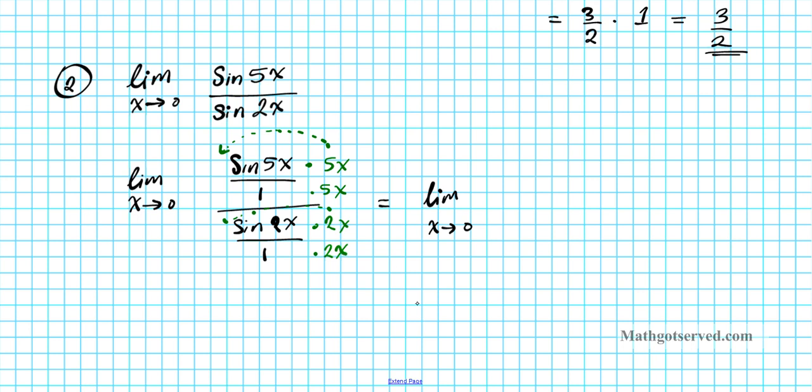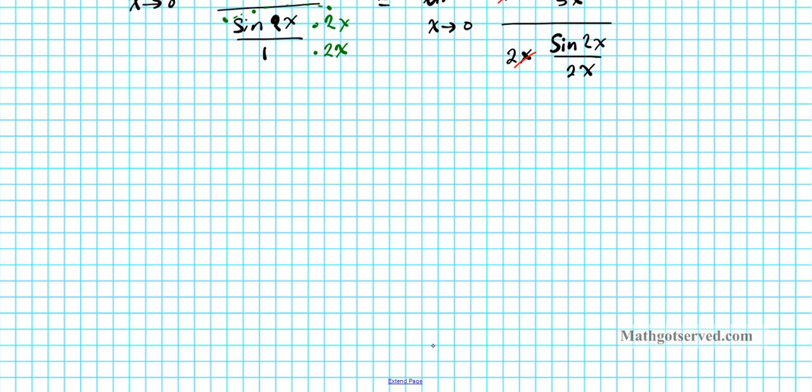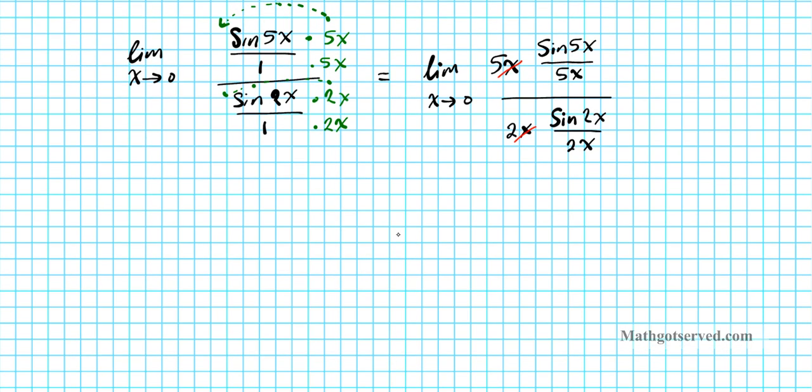So we're going to have the limit as x approaches 0 of 5x times sine 5x over the 5x I introduced, divided by 2x times sine 2x over the 2x I introduced also. You notice that these two x's divide out, and I can also factor them out. So now it becomes 5 over 2.